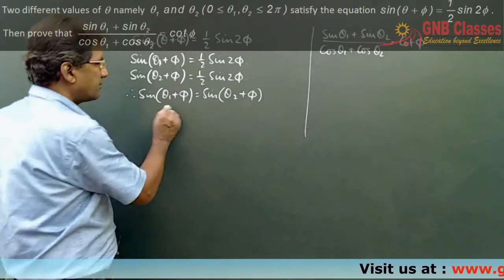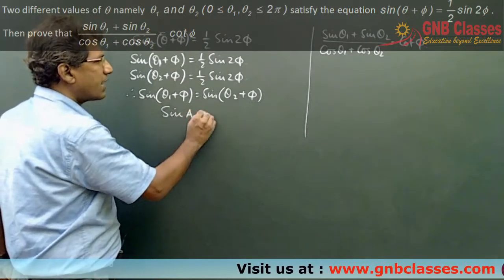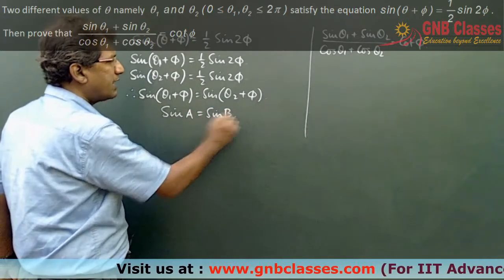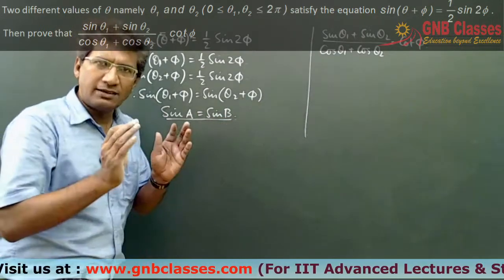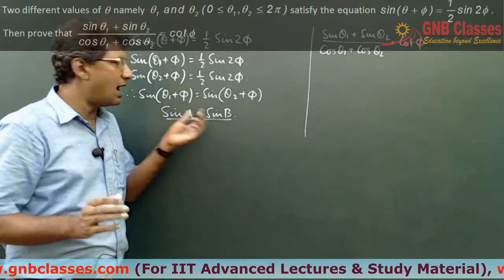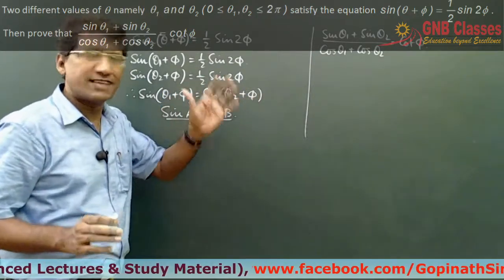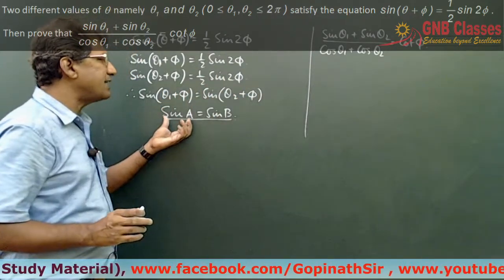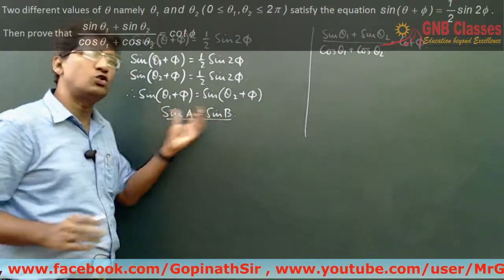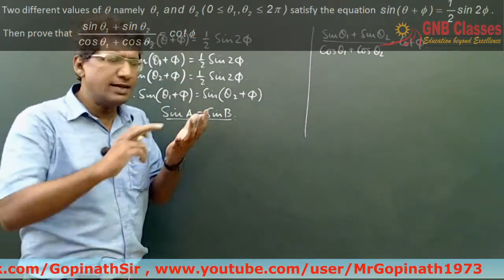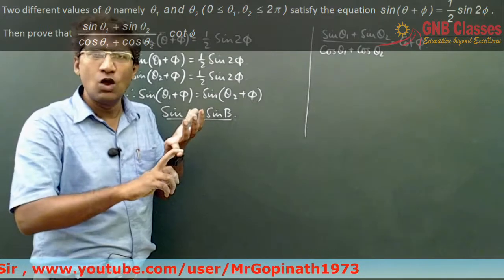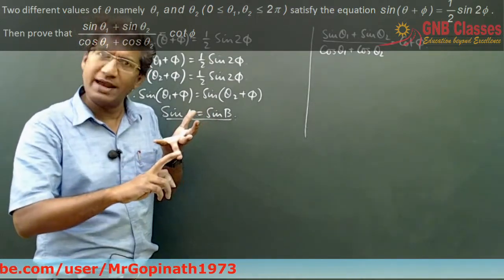Now observe carefully. Sin A and sin B are equal, if I tell you that A and B are lying between 0 and 2π. When two sines are equal, either they are in the first quadrant or in the second quadrant, right?